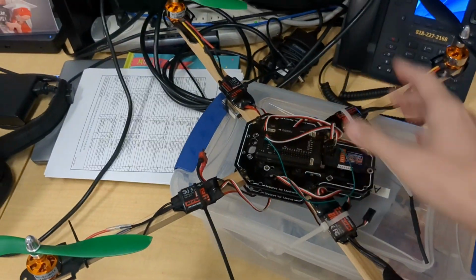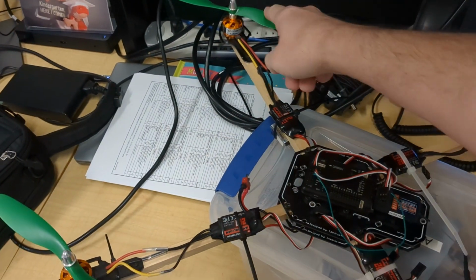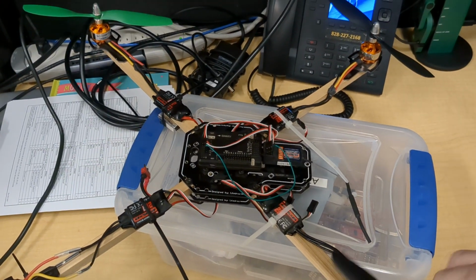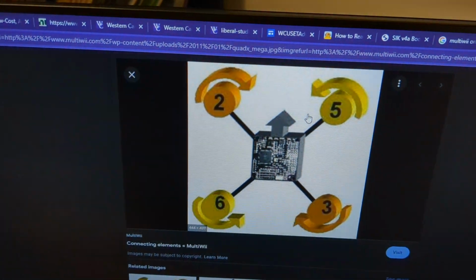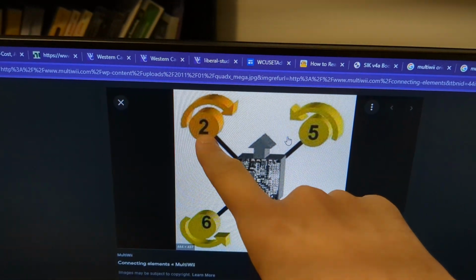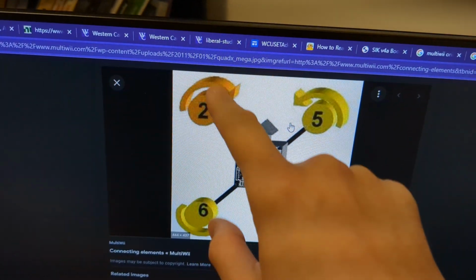And so, again, forward needs to be the forward direction. All the props need to be the correct pitch, and they need to spin in the correct direction for each of those pitches. And that has to match what your firmware is set up as here, so that you know pin 2 is your forward left motor and it's spinning clockwise.